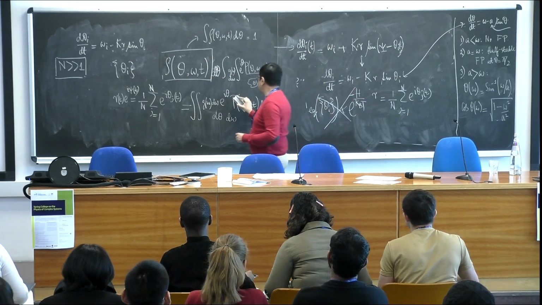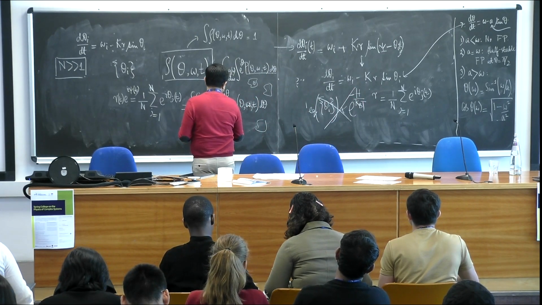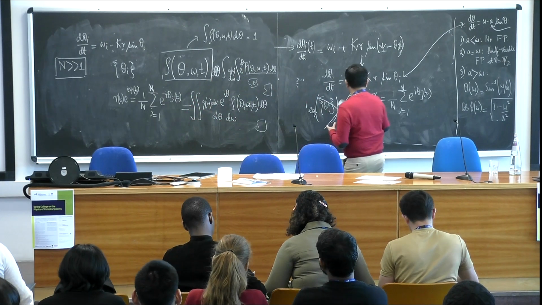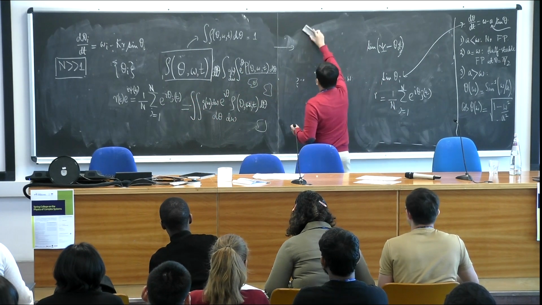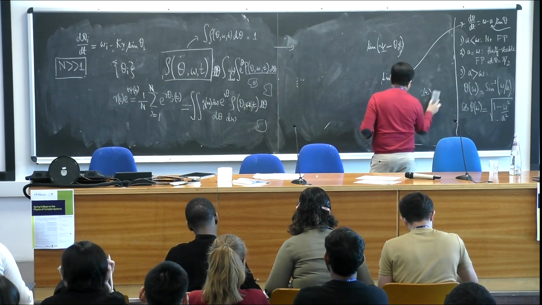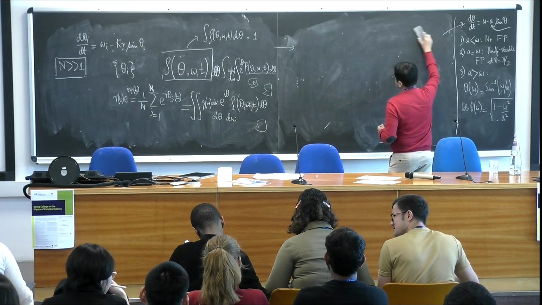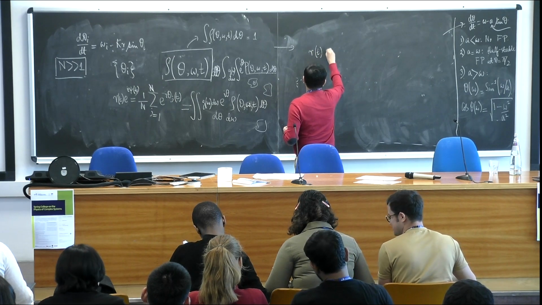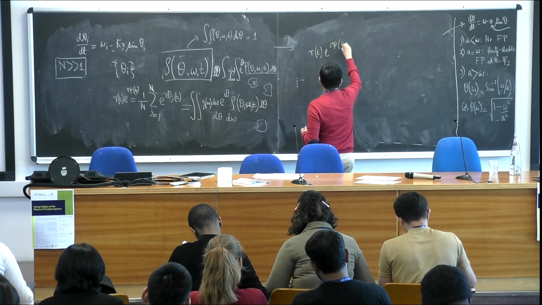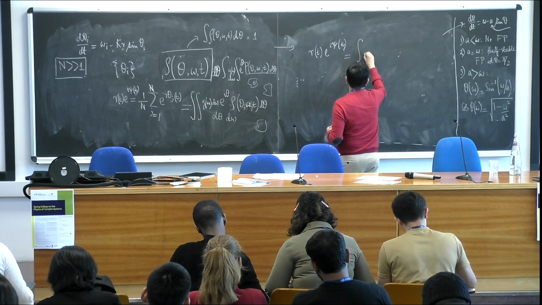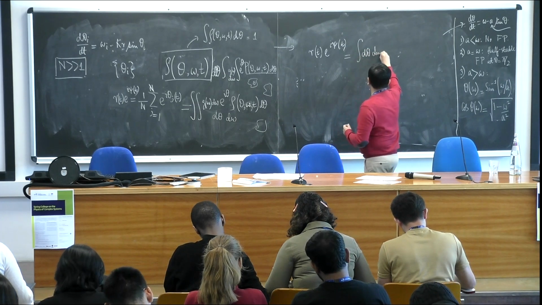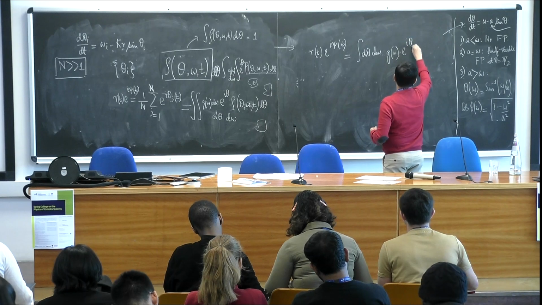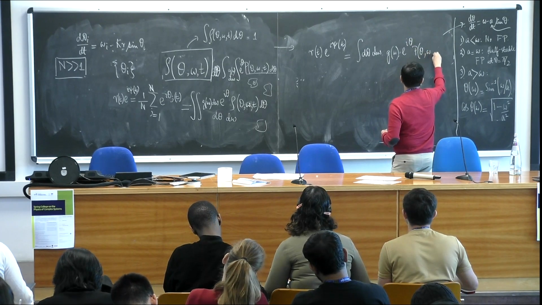Sorry, this is rho. My favorite symbol is P, but while writing down the notes, for some reason, I started using rho. But then, therefore, I get this equation: r of t e to the power I psi of t is equal to the integral d theta d omega g omega e to the I theta p of theta, omega, t.